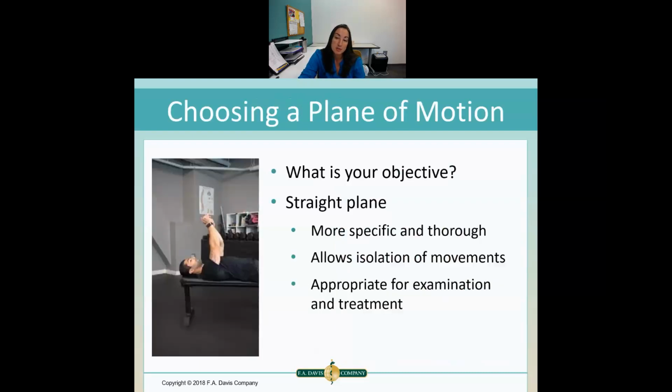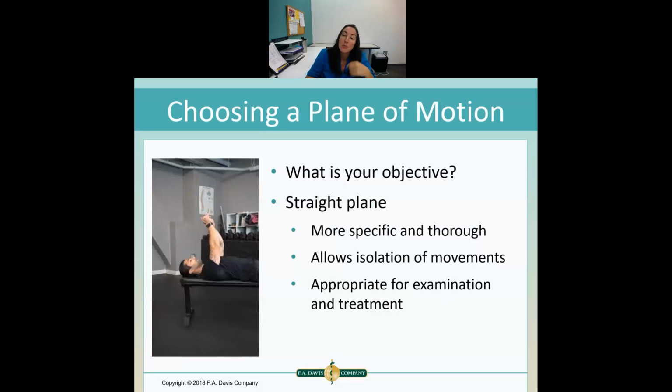Choosing a plane of motion. That is determined by what your objective is. For the straight plane of motion, this is more specific and thorough. If I want to determine how much shoulder abduction someone has, I use one plane of motion, I get a measurement, and I know based on joint mechanics and arthrokinematics what types of things could limit that movement.